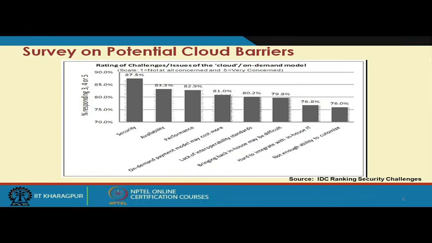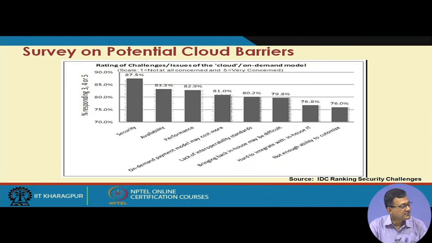It is not that the cloud is insecure; it is that I am not able to define things precisely, or I do not have that much trust or confidence in the systems or the providers. Similarly, a survey on potential cloud barriers also says that security plays a major role in what is blocking the move to cloud.